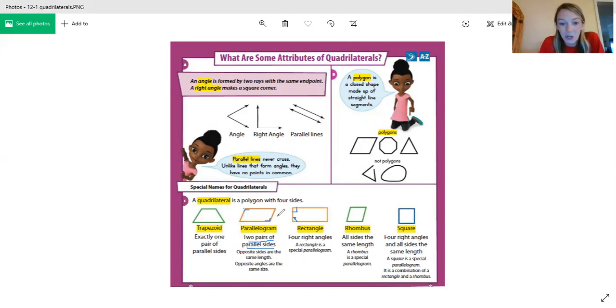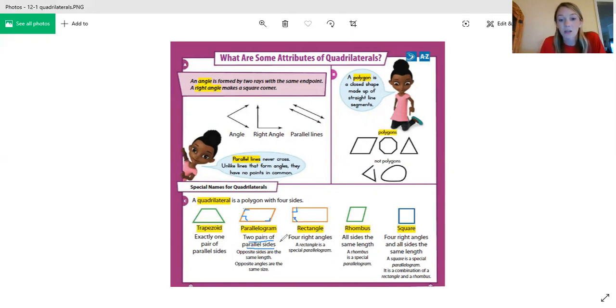Now, if I were to go over here to this parallelogram, if I were to try to do that, it would not make a square because this line is slanted here. So a parallelogram is not a rectangle, but a rectangle is a parallelogram. This is where it starts to get a little confusing because quadrilaterals can be named other quadrilaterals if they follow the definition of that.